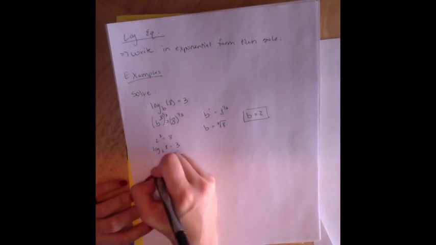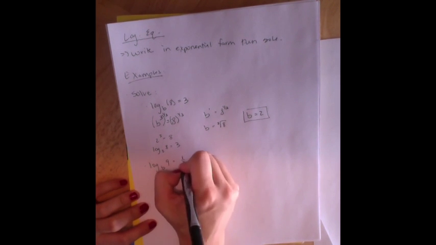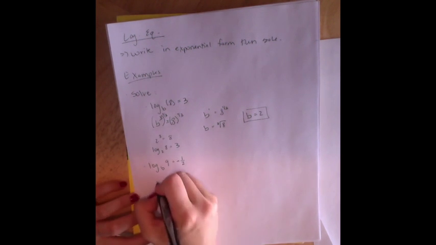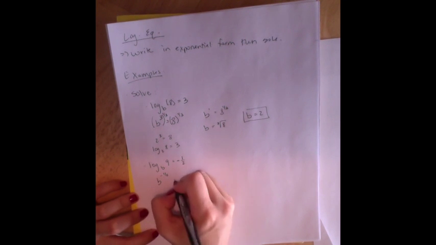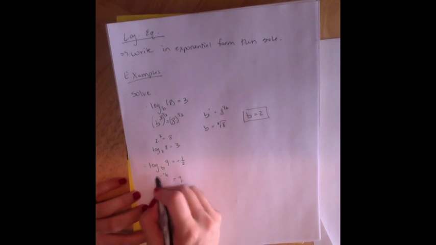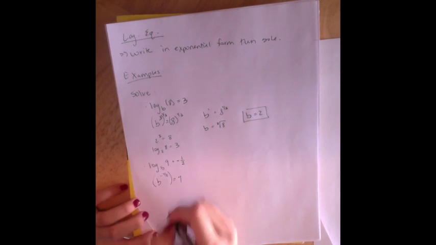Let's do another. Solve the log base b of 9 equals -1/2. So we rewrite this. B to the -1/2 equals 9. Now, the other thing I could do, which might actually be easier, is let's make this a power of 1.